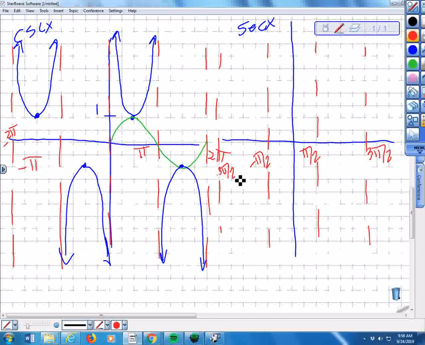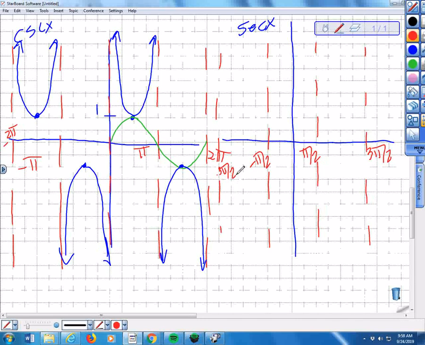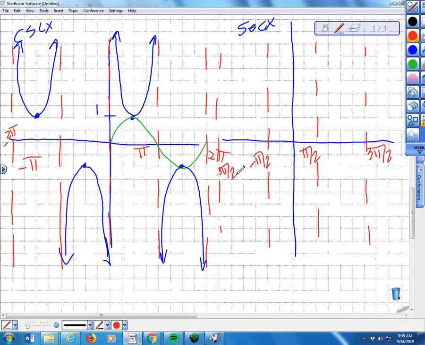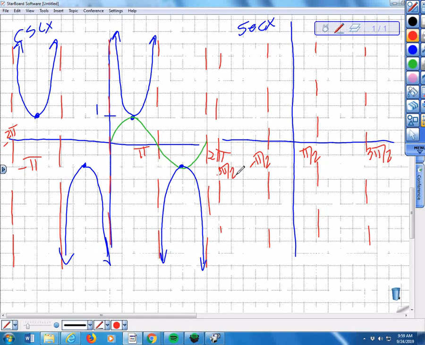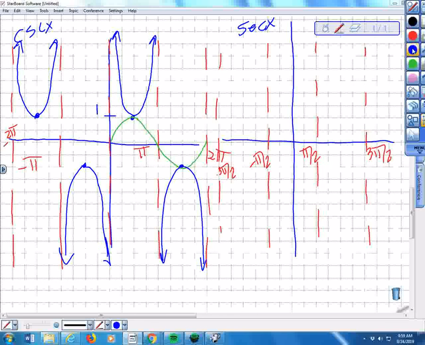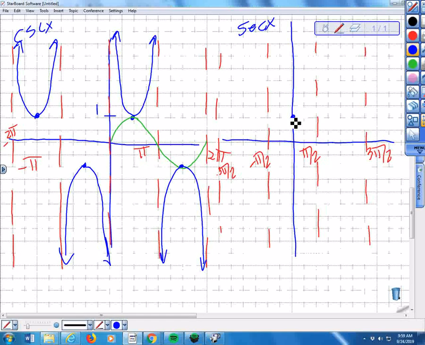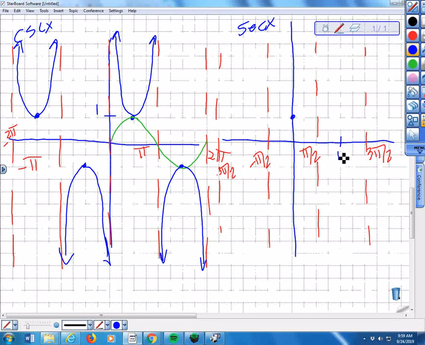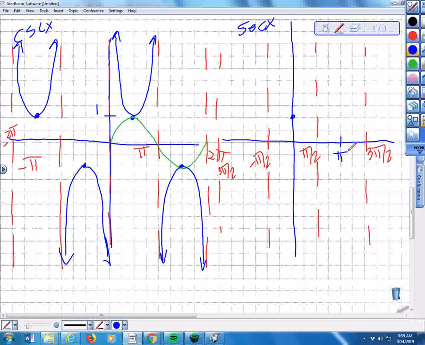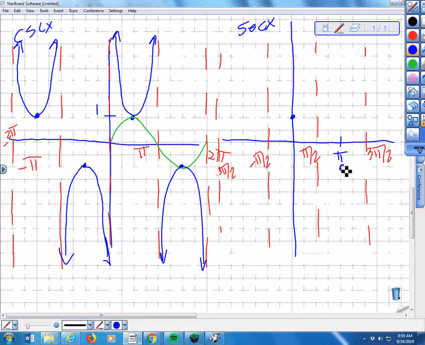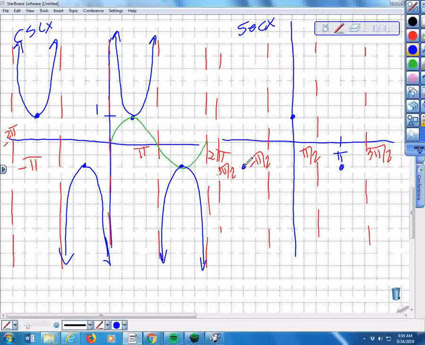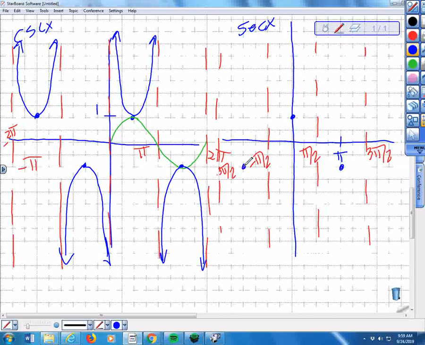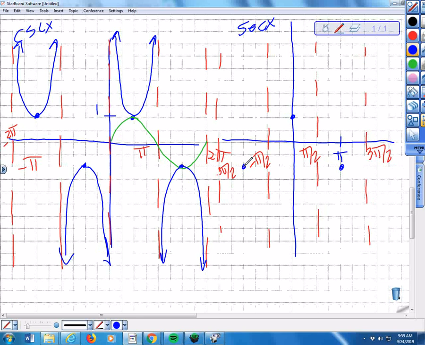It's going to be 1 where cosine is 1: 0, pi, 2 pi, 3 pi. There's pi, and it's negative 1 there. It's going to be negative 1 here. And let's do one more up here.